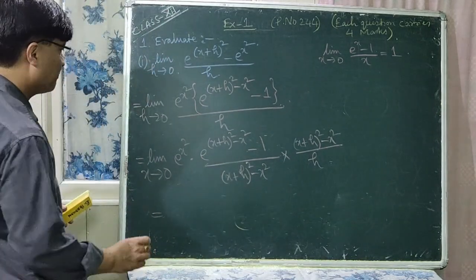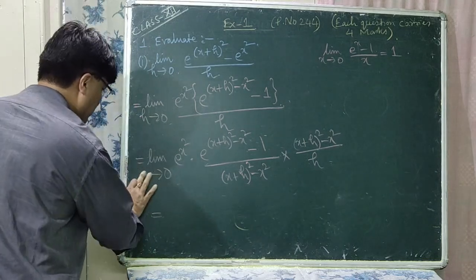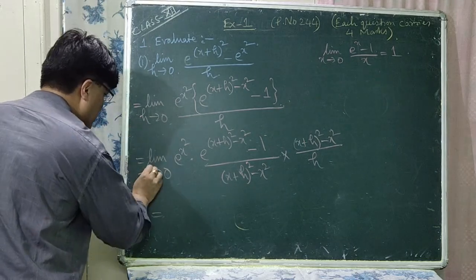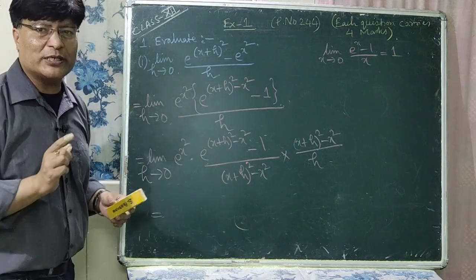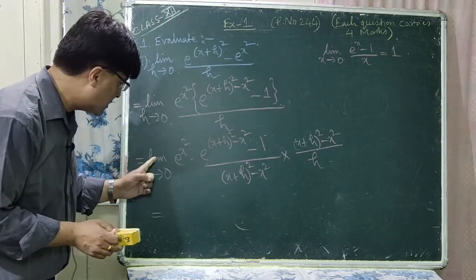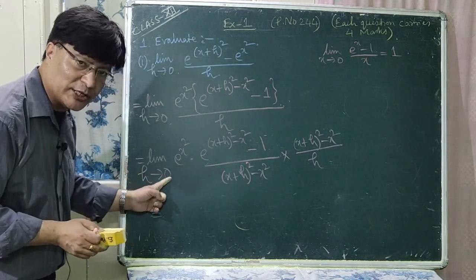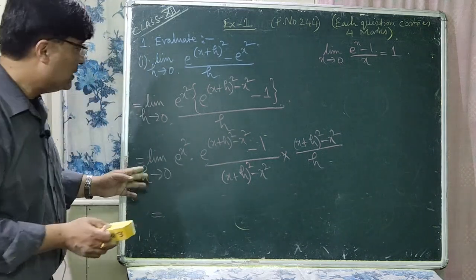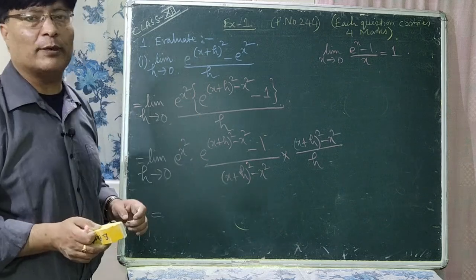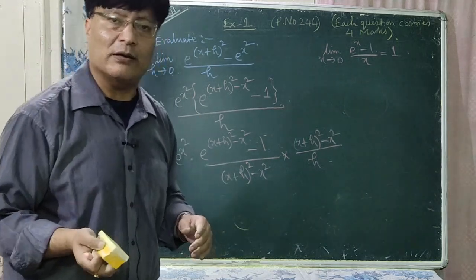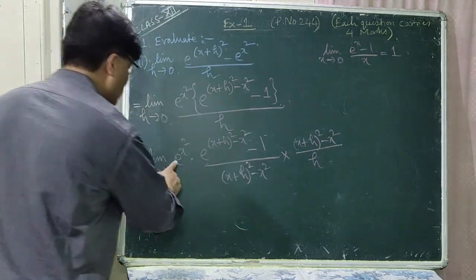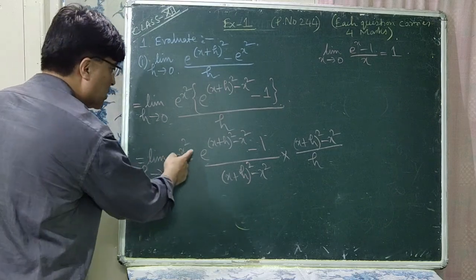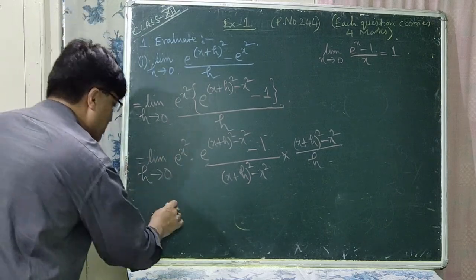So it is equal to, oh sorry, this is h tends to 0, not x. That means which is the variable out here? If it is given limit h tends to 0, then h will be the variable. All other terms will be constant here, right? So e to the power x square is constant because it is free from h, so it is taken outside.